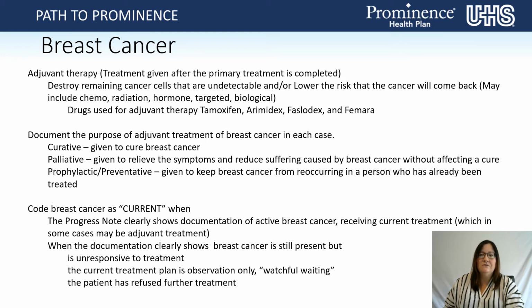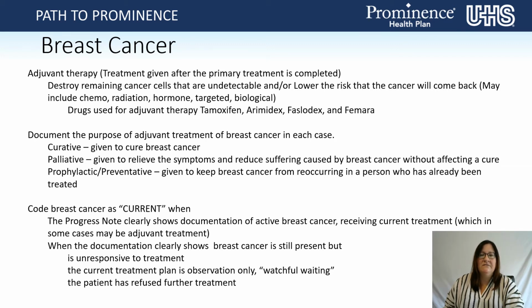Some drugs used for adjuvant therapy would be tamoxifen, Arimidex, Femara, and so on. Ensure that your documentation includes details regarding the adjuvant therapy. Document the purpose of the adjuvant treatment of the breast cancer in each case. Is it curative, being given to cure breast cancer?